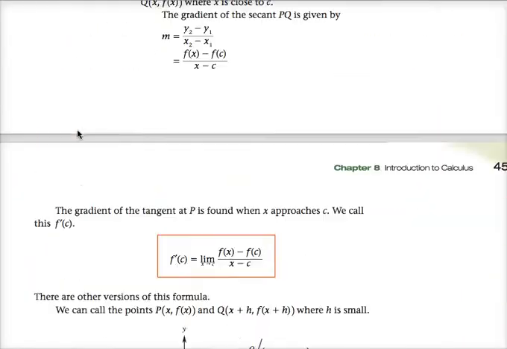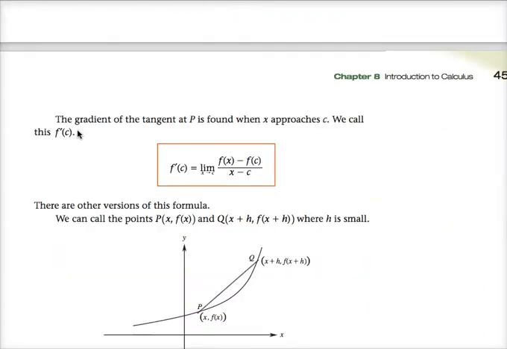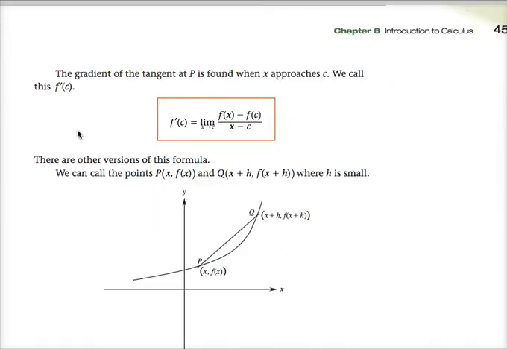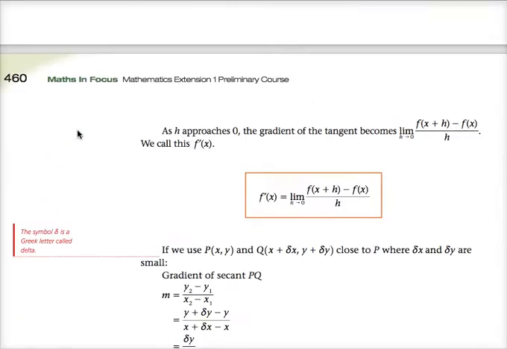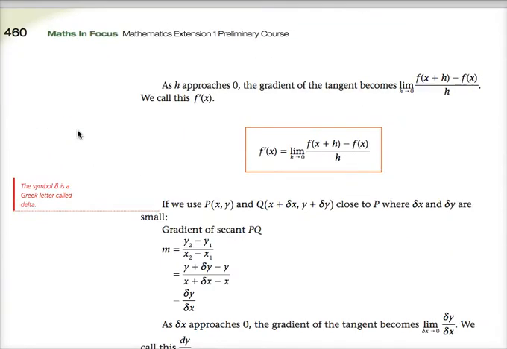We looked at this version here, they did f(c), but I was doing f(x). Notice it's that same formula, that second formula that we were looking at. Then we looked at this f dashed x, if you can see the box on the screen, is the limit as h approaches 0 of function of x plus h minus function of x over h.